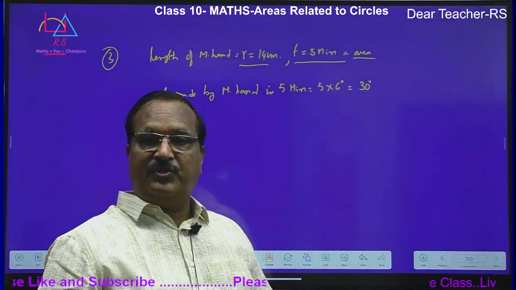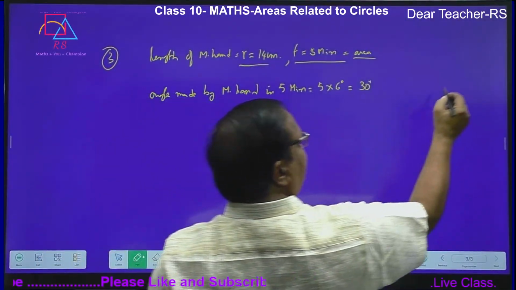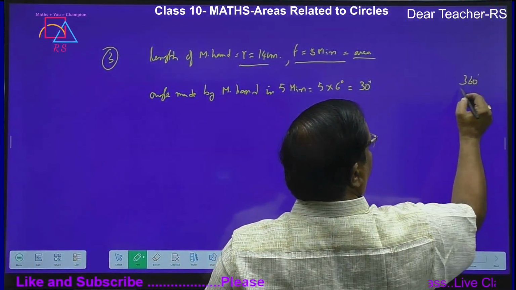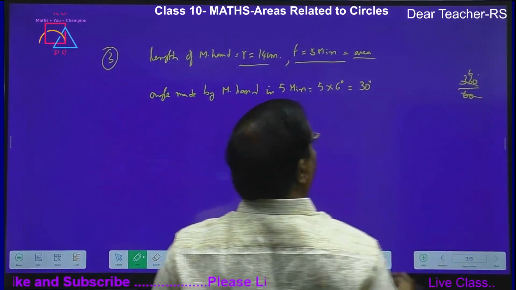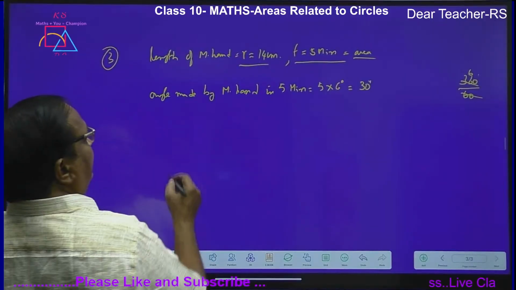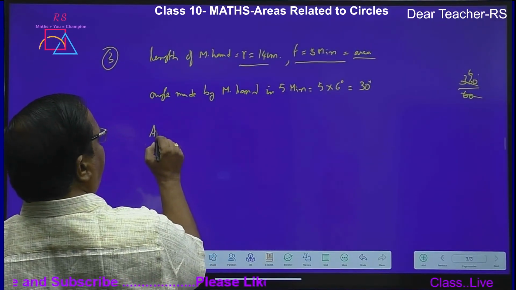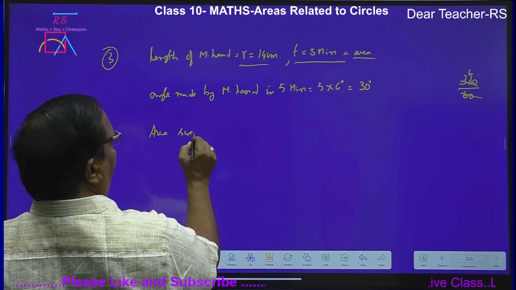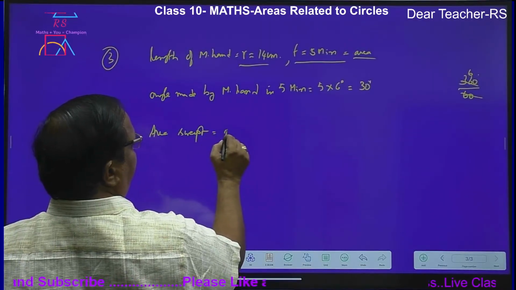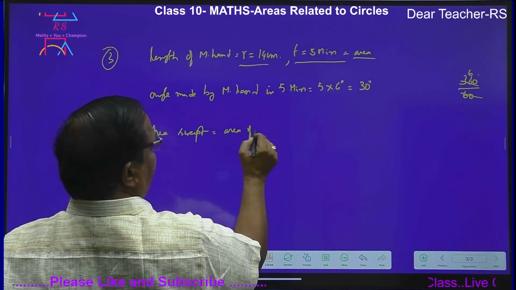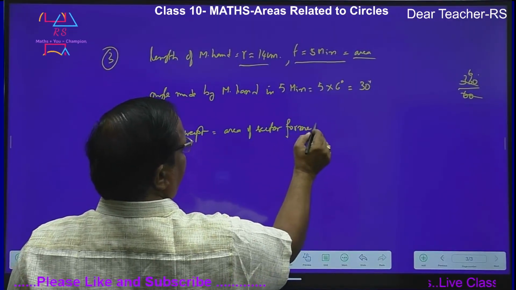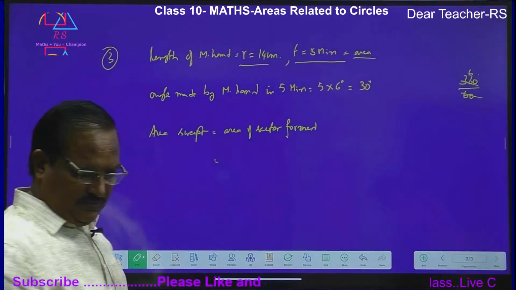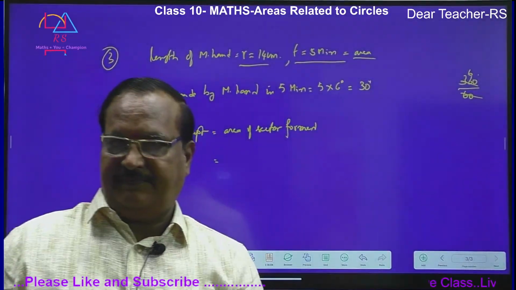How did we get 6 degrees? 360 degrees by 60 minutes, so this will be 6. Therefore, the area swept is equal to the area of the sector formed. Area of the sector formed, which is equal to, just a minute.